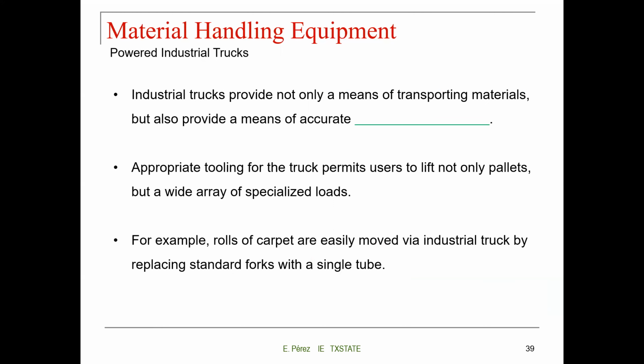Industrial trucks provide not only a means of transporting materials, but also a means of accurate lifting and stacking. Appropriate tooling for the truck permits users to lift not only pallets, but a wide array of specialized loads. For example, rolls of carpet are easily moved via industrial trucks by replacing standard forks with a single tube.